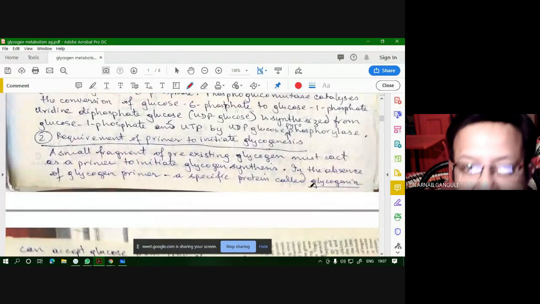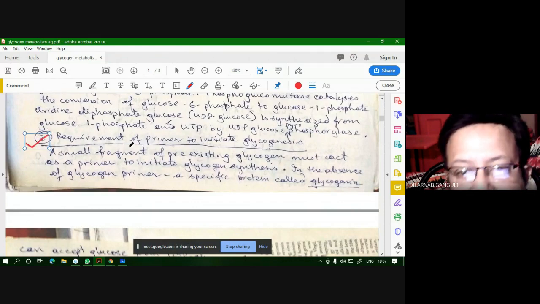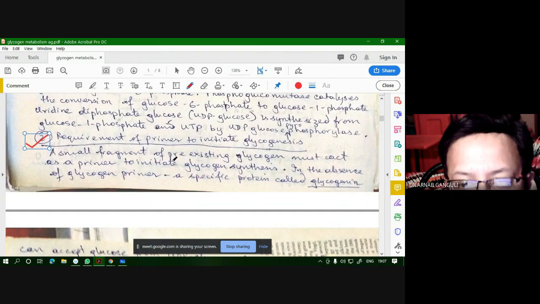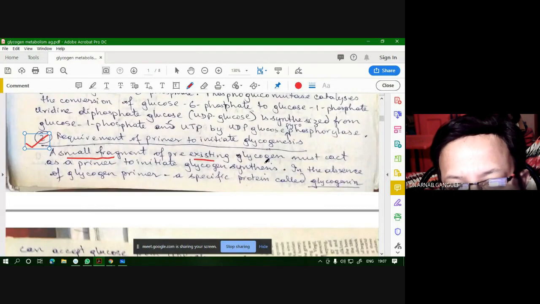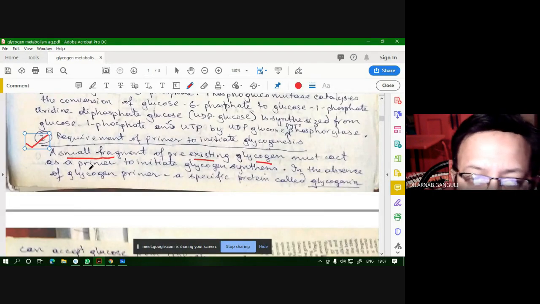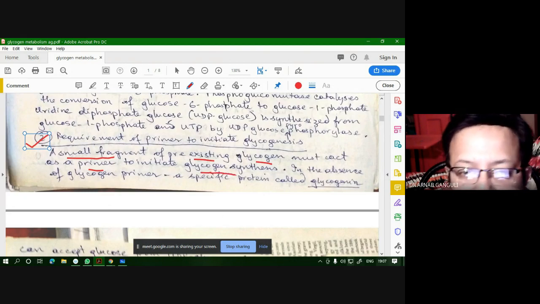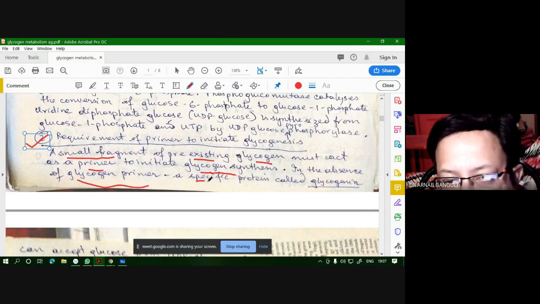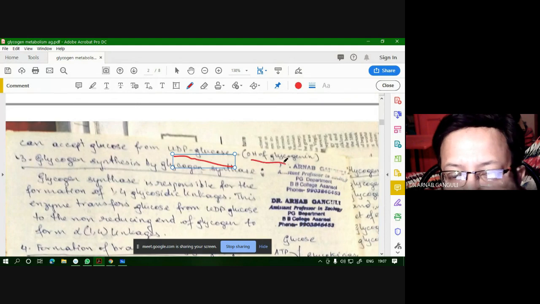So the second thing is the requirement of a primer to initiate glycogenesis. You need a small fragment of pre-existing glycogen to be present as a primer to initiate this glycogen synthesis. In the absence of glycogen primer, a specific protein called glycogenin can accept glucose from UDP glucose, at the OH of glycogenin.